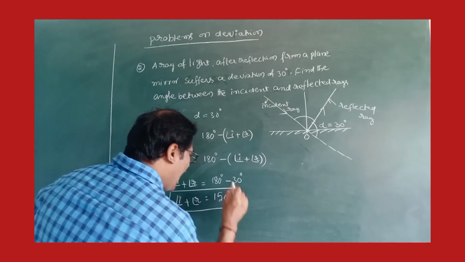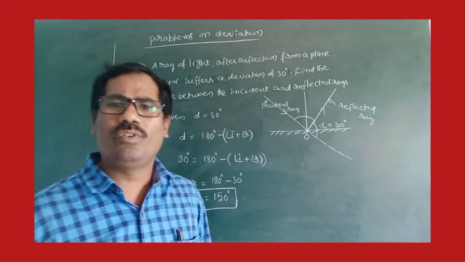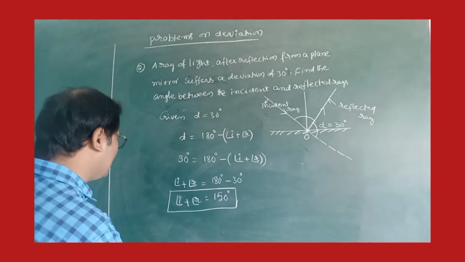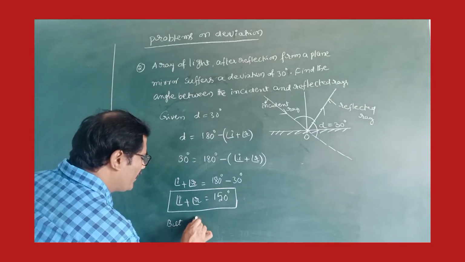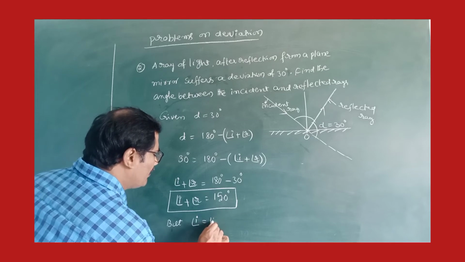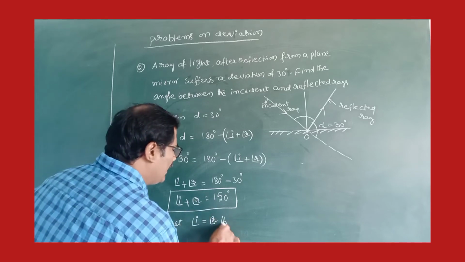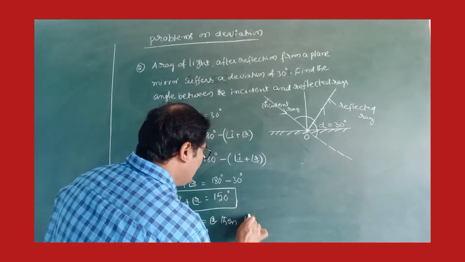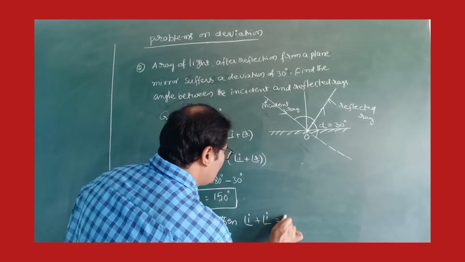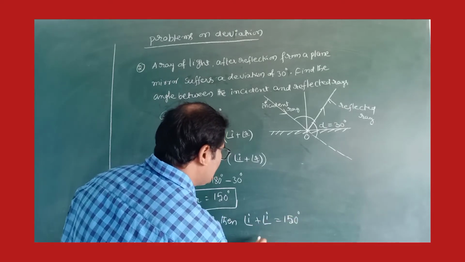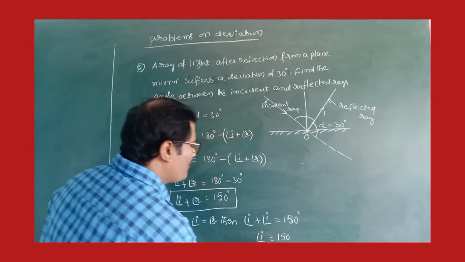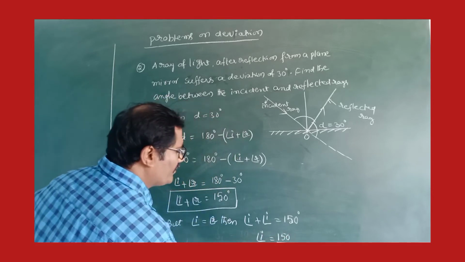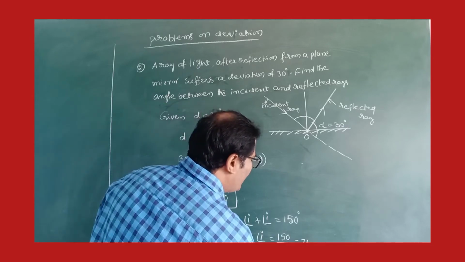What is the angle of incidence? From the law of reflection, angle i is equal to angle r. Then angle i plus angle i is equal to 150 degrees, so angle i is equal to 150 by 2, that is 75 degrees.